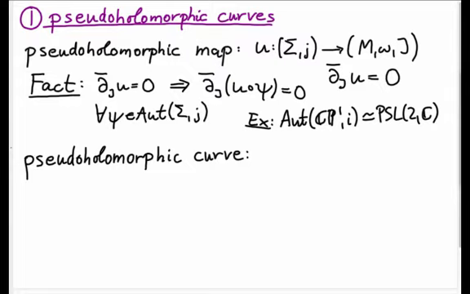which we can identify with certain matrices via thinking of CP1 as C compactified, and then these are the rational maps, I guess, that are not totally trivial.